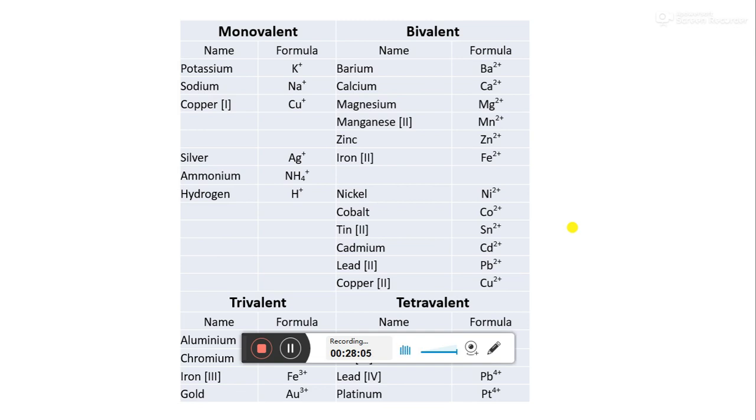I don't know what the charge on the tin is, so look at the Roman numeral in the bracket. There are two lines, which shows that it has a 2+ charge, right? On the left-hand side, copper has a bracket consisting of 1, that is, copper having a +1 charge.